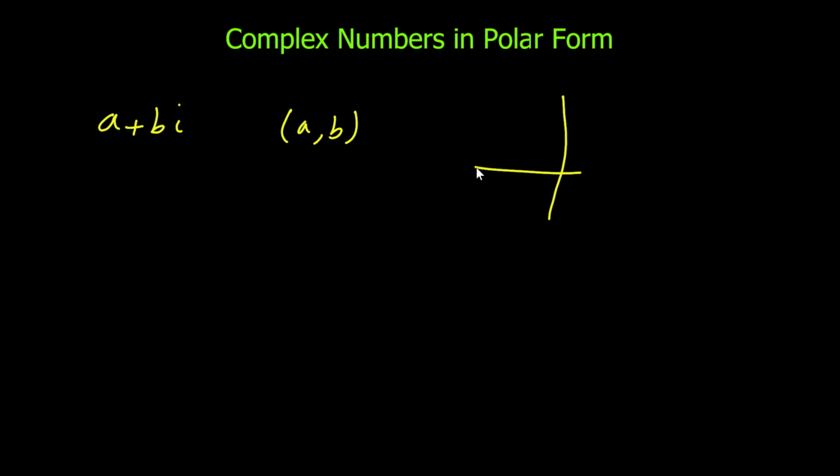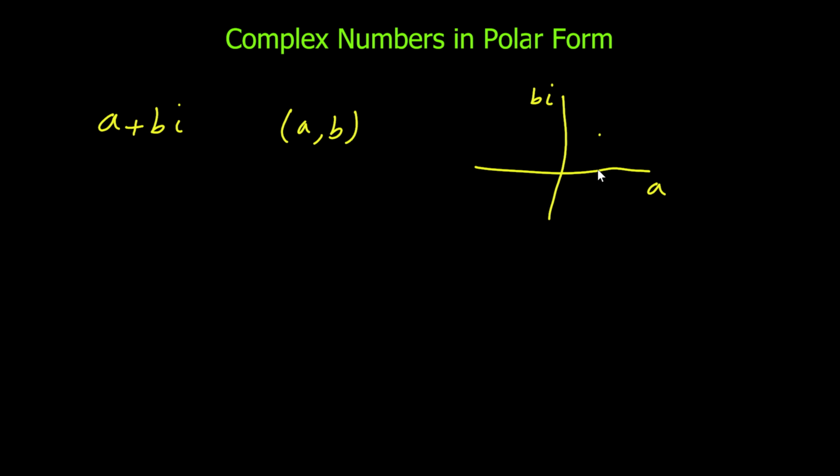The complex plane is basically the Cartesian plane that we know of, but the horizontal axis is going to be the real axis, a, and the vertical axis is going to be the imaginary, the bi.